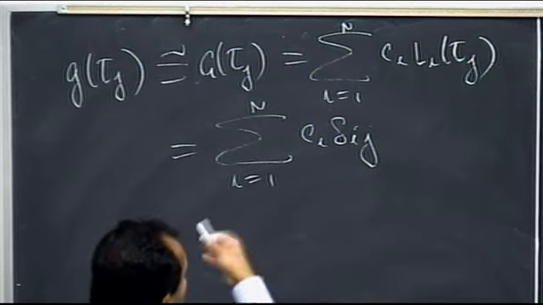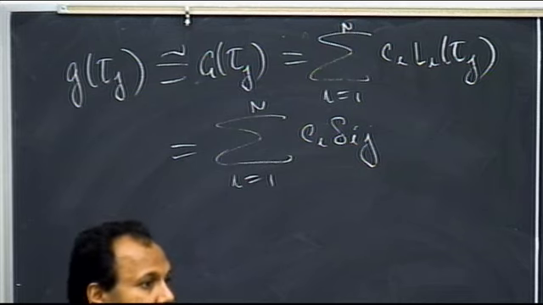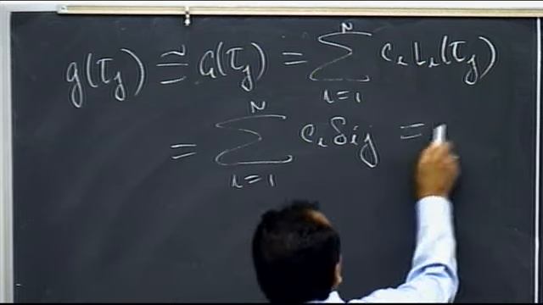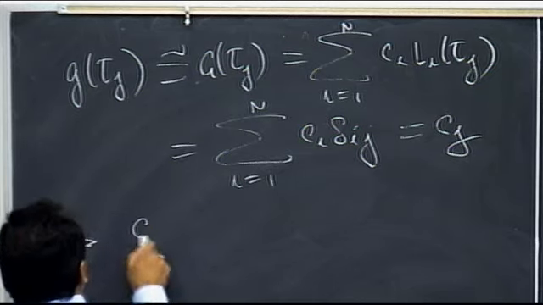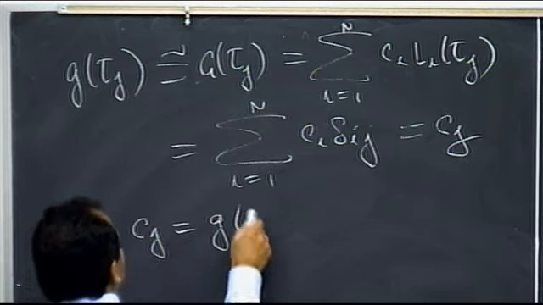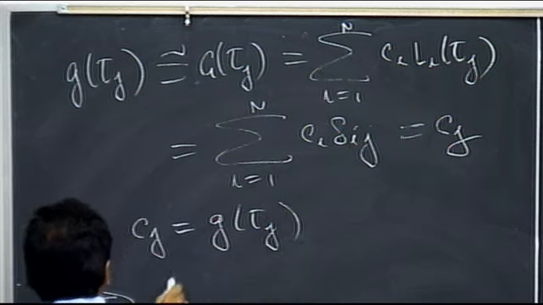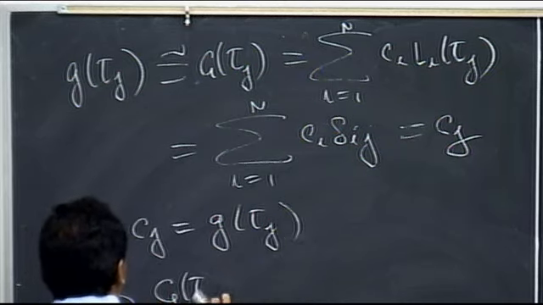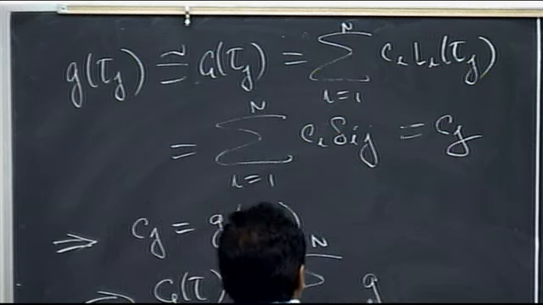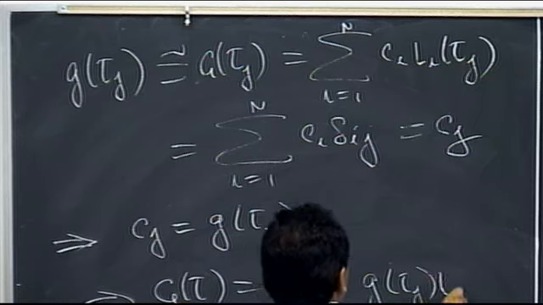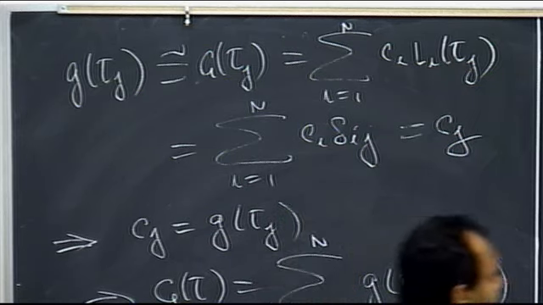But delta ij is only going to equal 1 when i is equal to j, right? So this is going to equal Cj, which means that Cj has to equal g of tau j, which means that this approximation g of tau equals the sum from i equals 1 up to n of g of tau j times Li of tau.